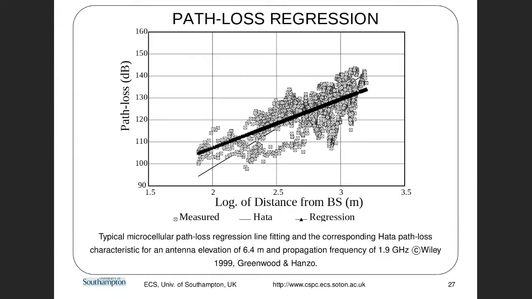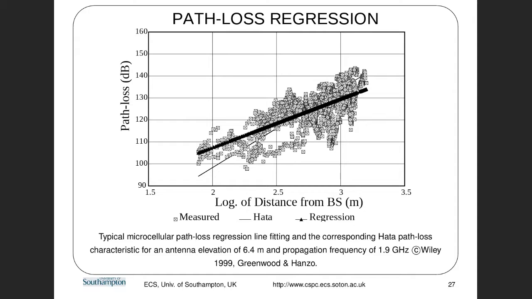So this figure here is from measurements that have been done by our research group about 20 years ago. All the small boxes with crosses are data collected by the experiment, and the thick black line is an approximation made by our group, and the thin line is Hata's model.